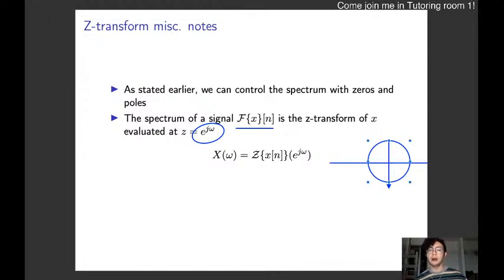Remember Euler's formula: if we plug in pi, we get a value over here. If we plug in 0, we get this value right here. If we plug in pi over 2, we get an i term. And if we do 3 pi over 2, or negative pi over 2, then we get that other corresponding value.